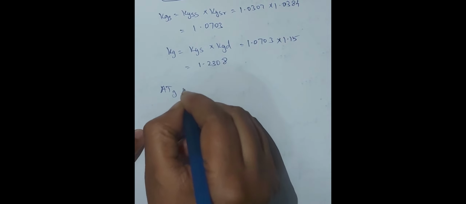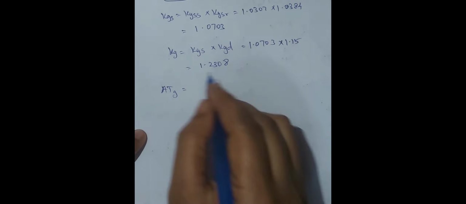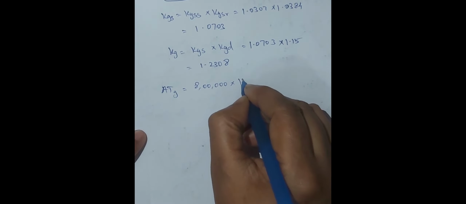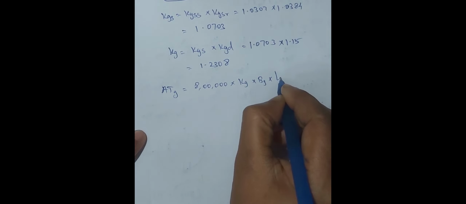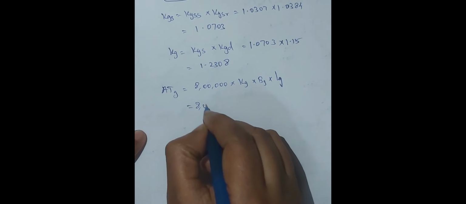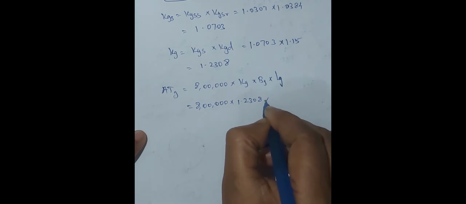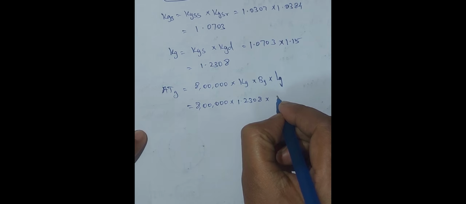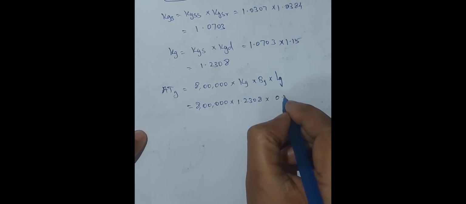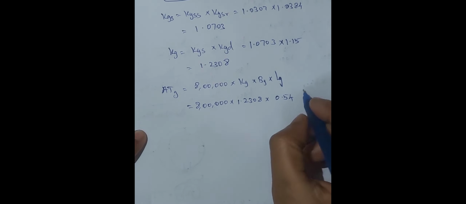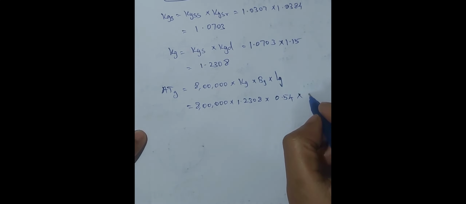So ATG, the MMF in the air gap, is represented by ATG equal to 8 lakh into KG into BG into LG. So 8 lakh, the KG value is 1.2308, and BG is also given as 0.54 Weber per meter square, and then LG is 0.9 mm, correct?